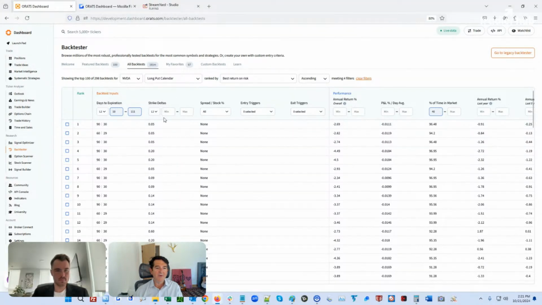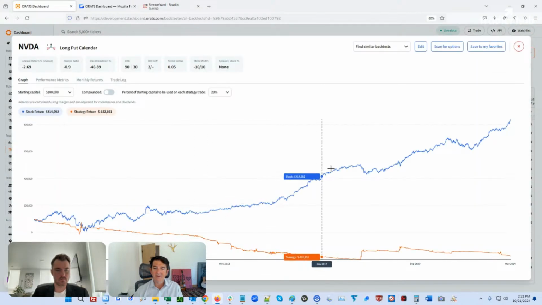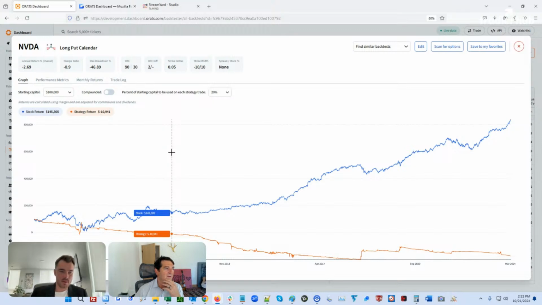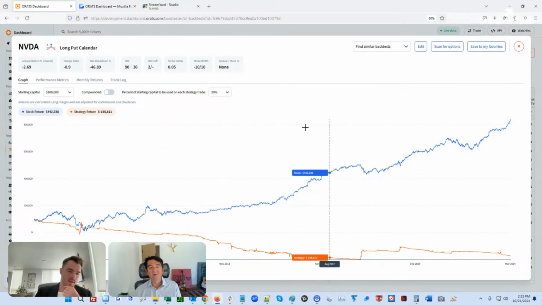the put calendars don't do that well in Nvidia, and potentially the reason is it's just gone straight up. So typically put calendars won't do that well when you have a stock that's just going straight up. But hopefully, in this case, we have earnings, and if we get some type of a pullback or something similar, this will do fine.